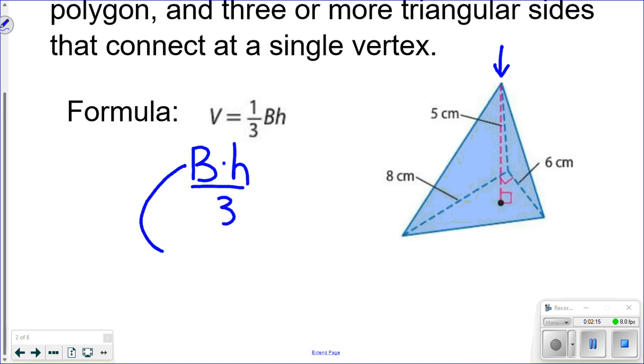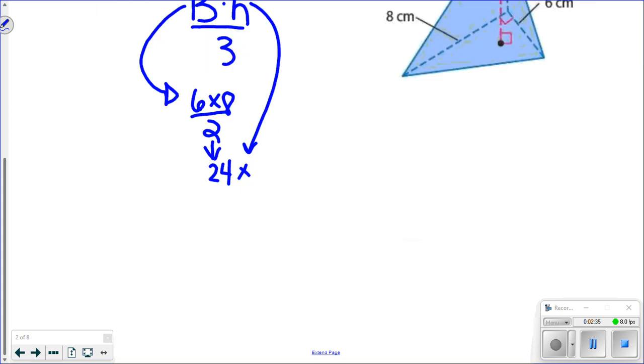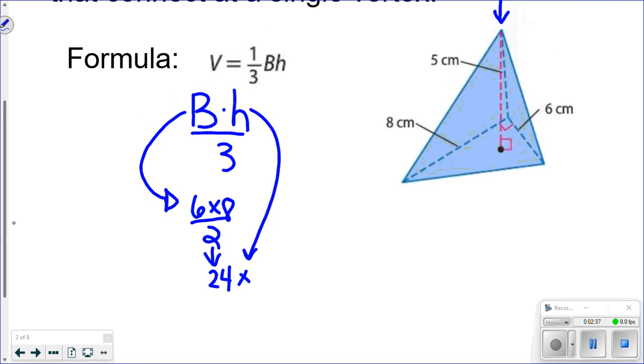So I'm going to write out my formula here, and I'm going to use this one. The first thing I'm going to do is focus on the B, and I notice my base is a triangle. So to find the area of my triangle, it's going to be 6 times 8, all divided by 2. Now 6 times 8 divided by 2 is going to be 24. Okay, so now I'm going to multiply by the height. The height of my whole pyramid, that red line in there, will be times 5.